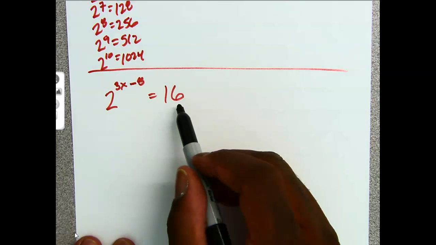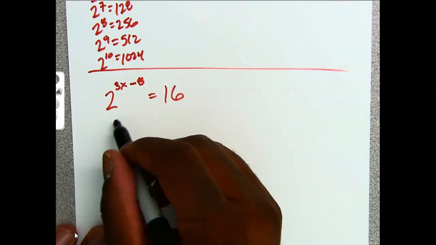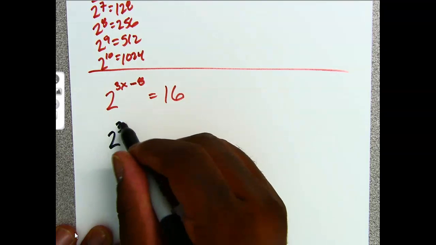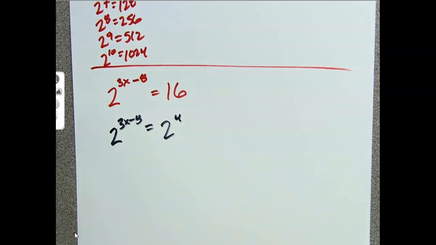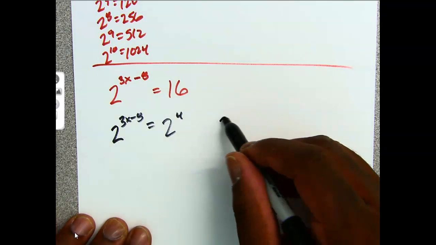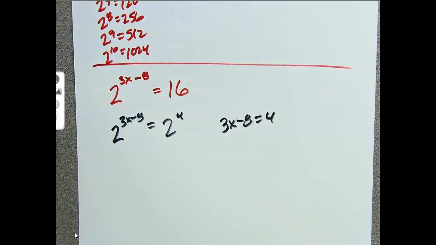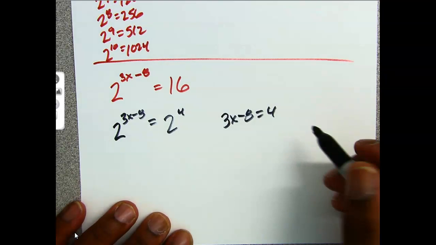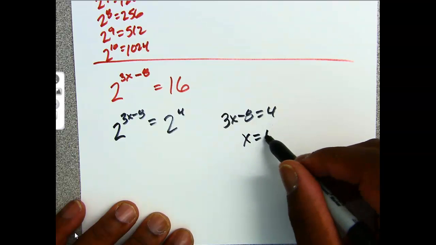What I immediately recognize with the 16 is that 16 is 2 to the 4th. So we can rewrite this as 2 to the 3x minus 8 is equal to 2 to the 4th. Because exponentials are one-to-one functions, now I can set the exponents equal to each other. 3x minus 8 is equal to 4, and now this becomes an Algebra 1 linear problem. Add 8, divide by 3, and you're going to get x is equal to 12 divided by 3, x is 4.